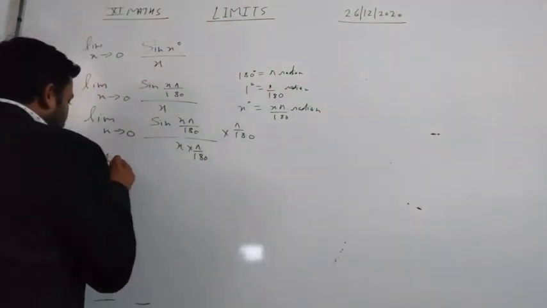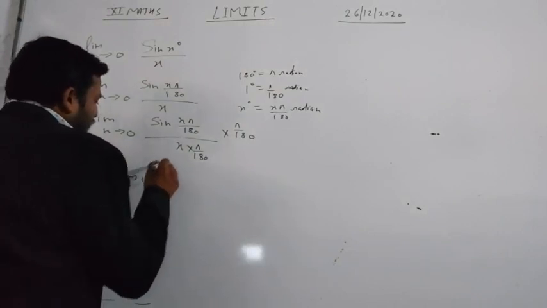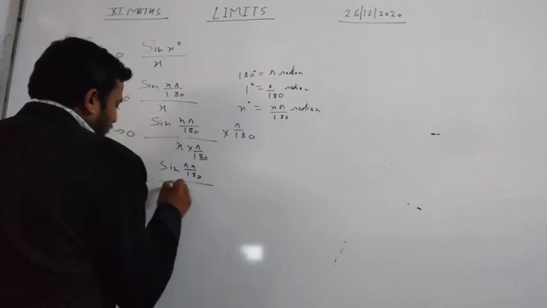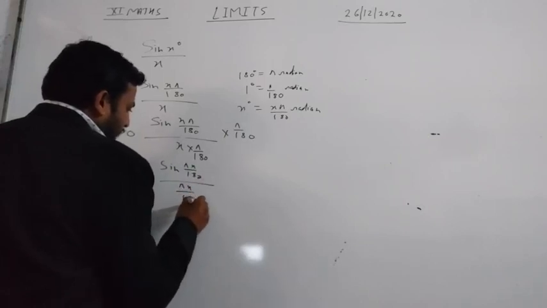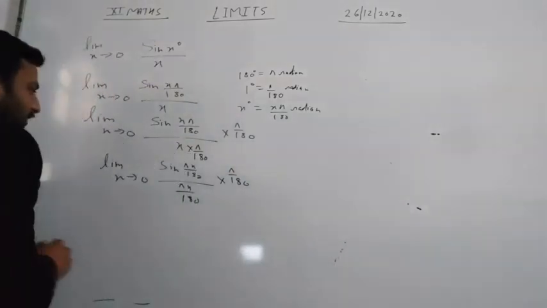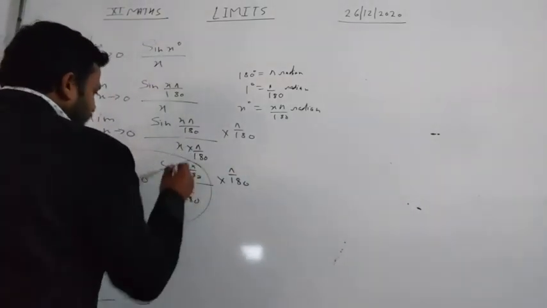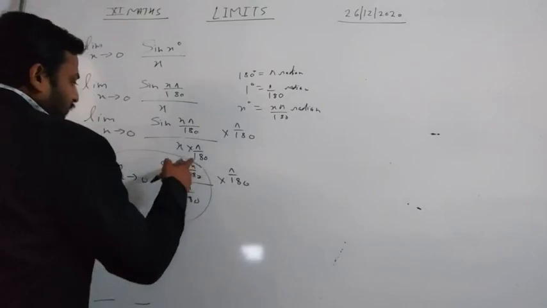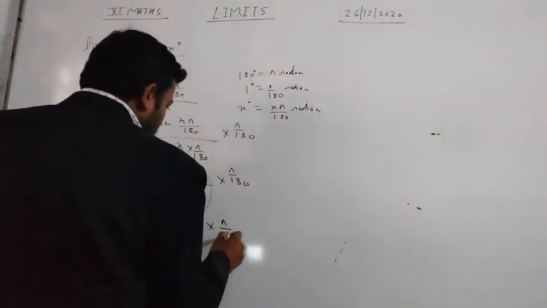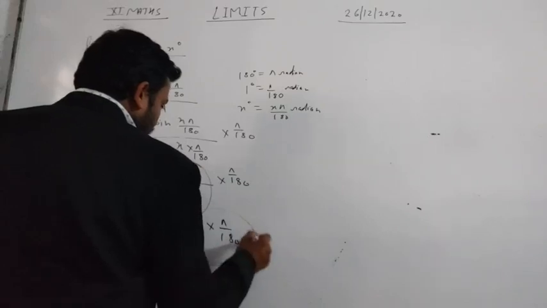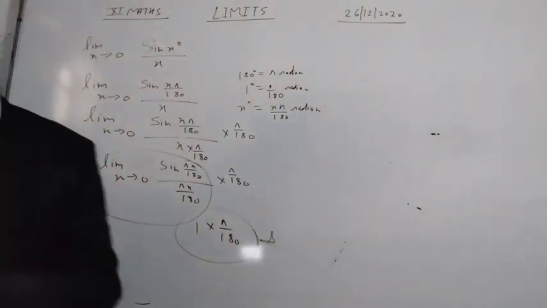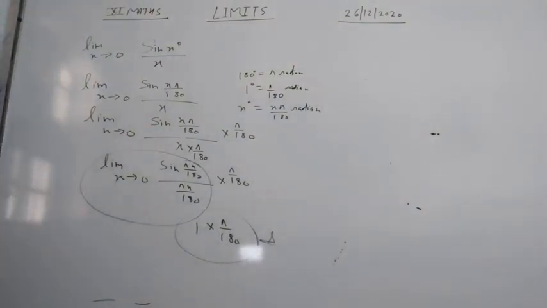So limit x tends to 0 sine of pi x by 180 by pi x by 180, into pi by 180. Now this term, students, is limit theta tends to 0 sine theta by theta. This is 1 into pi by 180. So this will be our required result of this limit. I hope you understand, students.